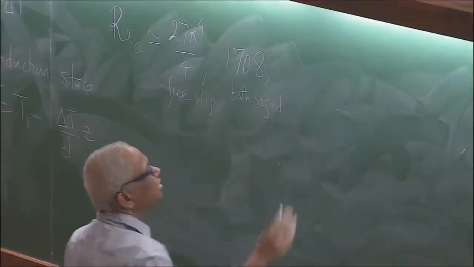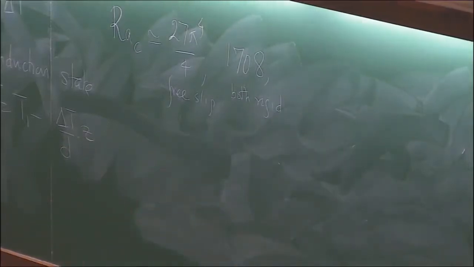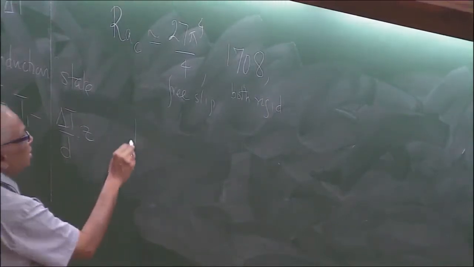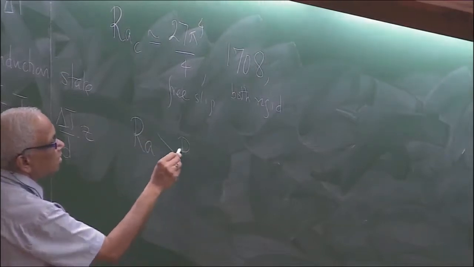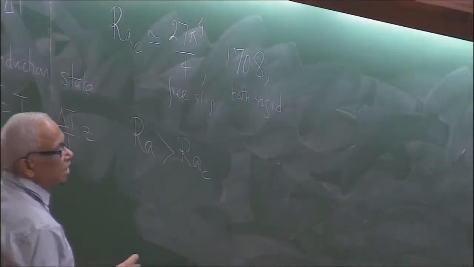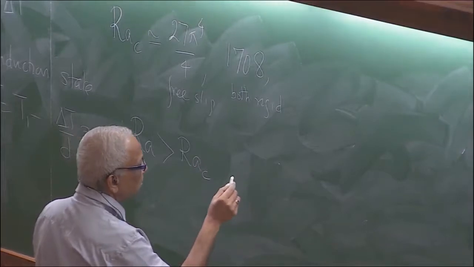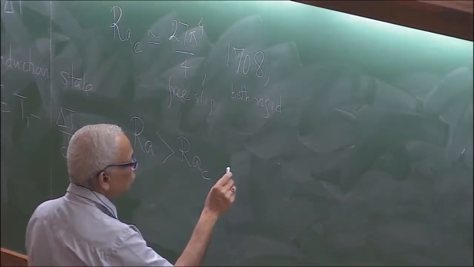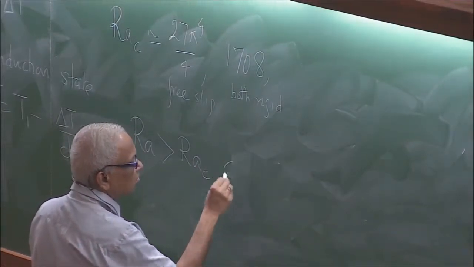There is also a combination of rigid and free slip giving you an answer in between, and so on. So, all right, now at RA greater than RA critical, you have the issue of convection.